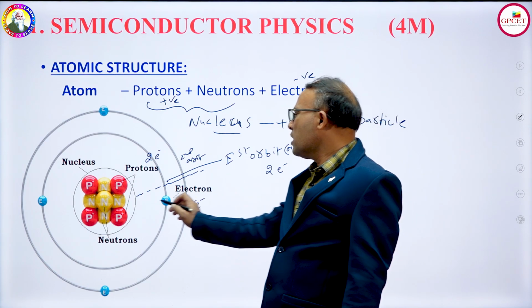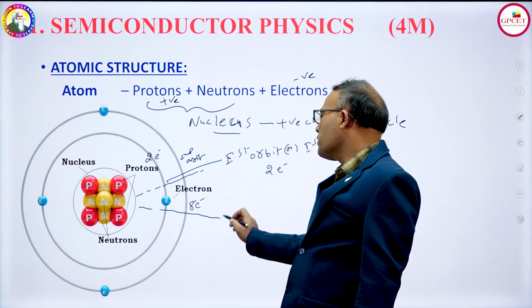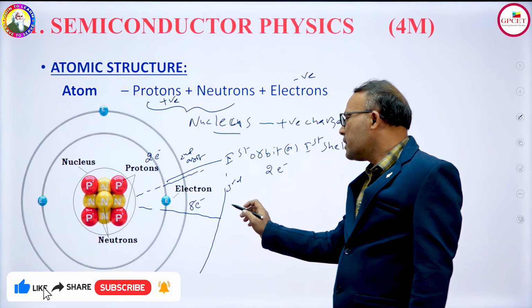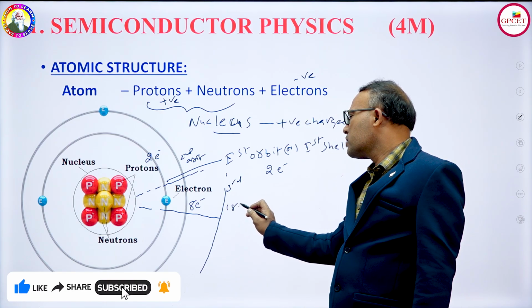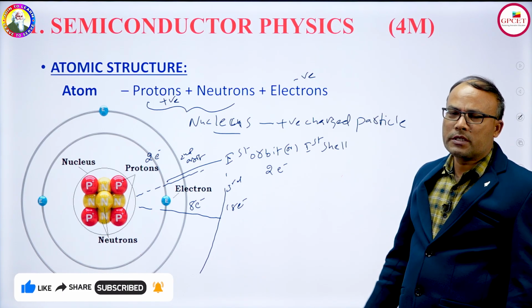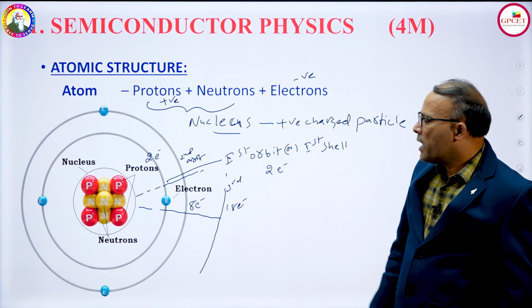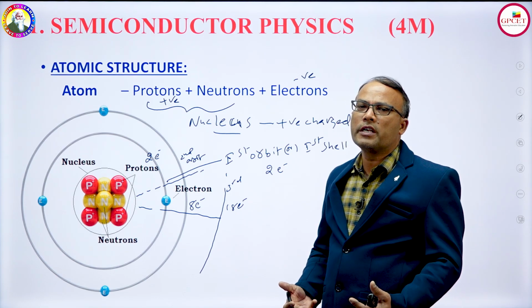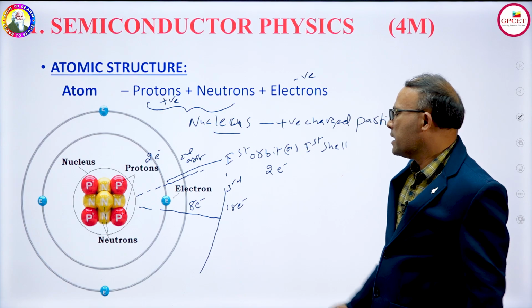Likewise, if you move to the third orbit, as you move farther away from the nucleus, you have the third orbit or third shell, which contains 18 electrons. So, for example, 18 joules of energy is present in the third orbit. As you move further away from the nucleus, the energy possessed by the orbit goes on increasing.